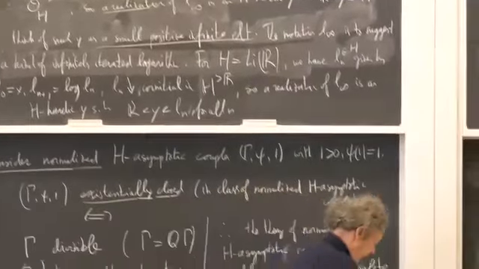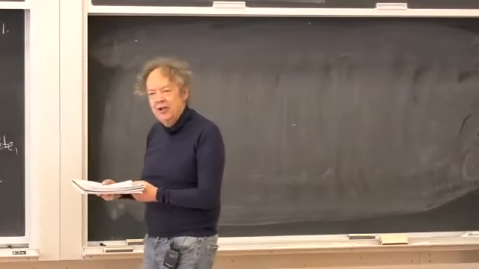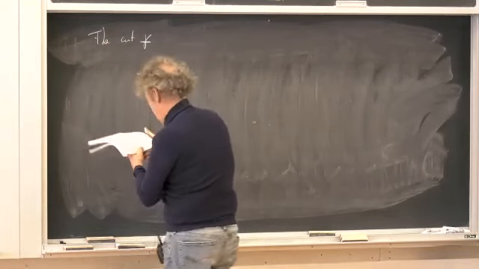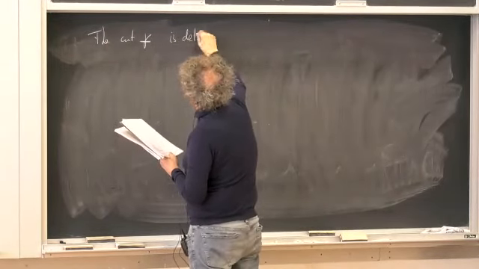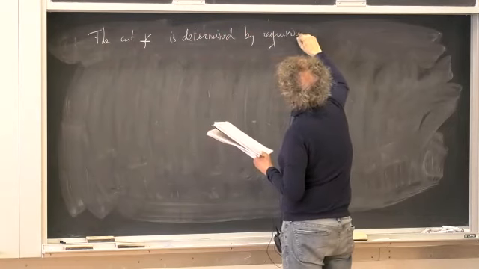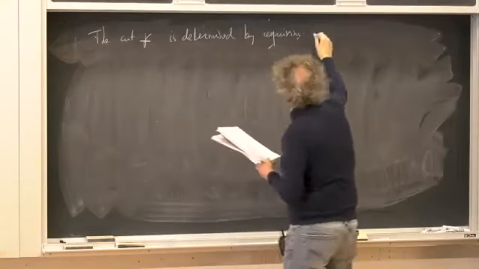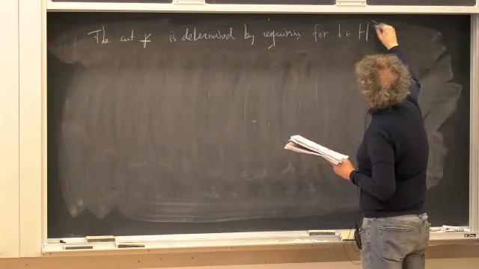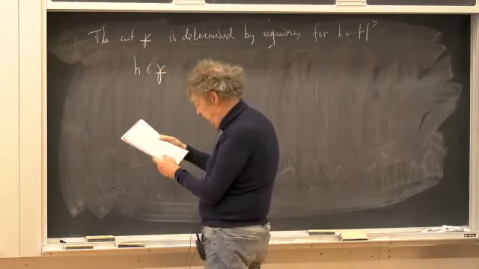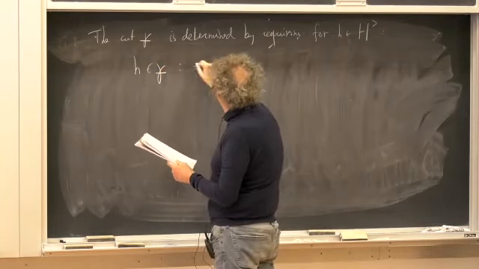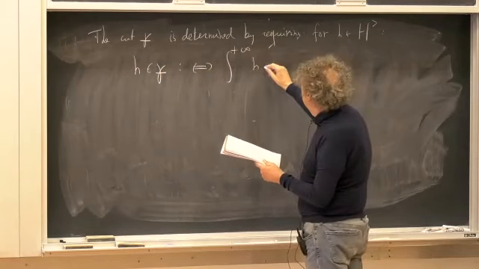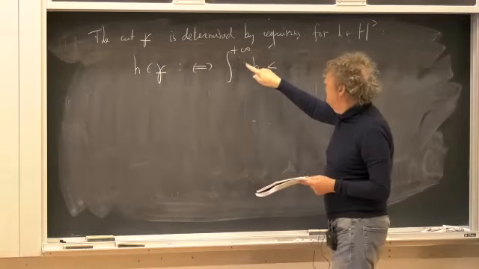Now gamma, it's sort of like the gap in an asymptotic couple, but the cut gamma is determined by requiring, for positive h, when you view the cut as a downward closed subset of the positive part of H, that h lies in it if and only if the integral from some point on to plus infinity of h is finite.